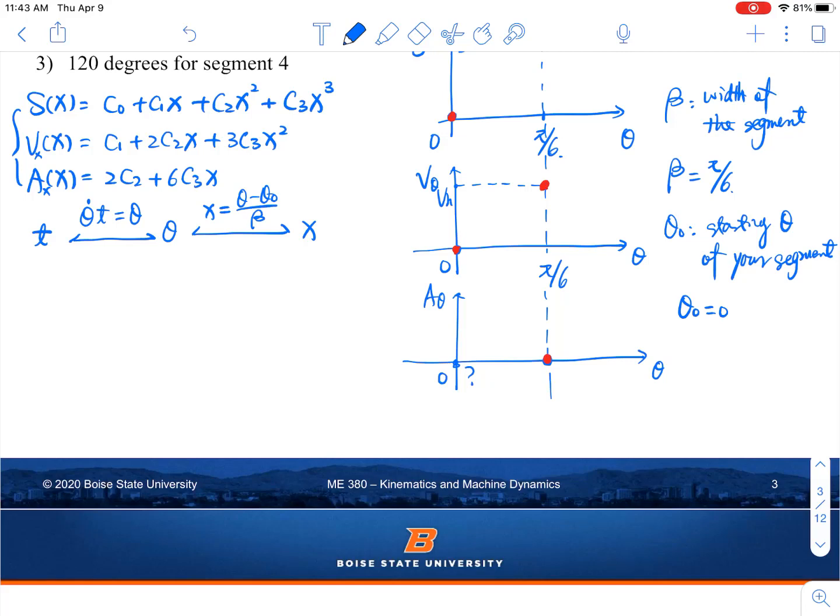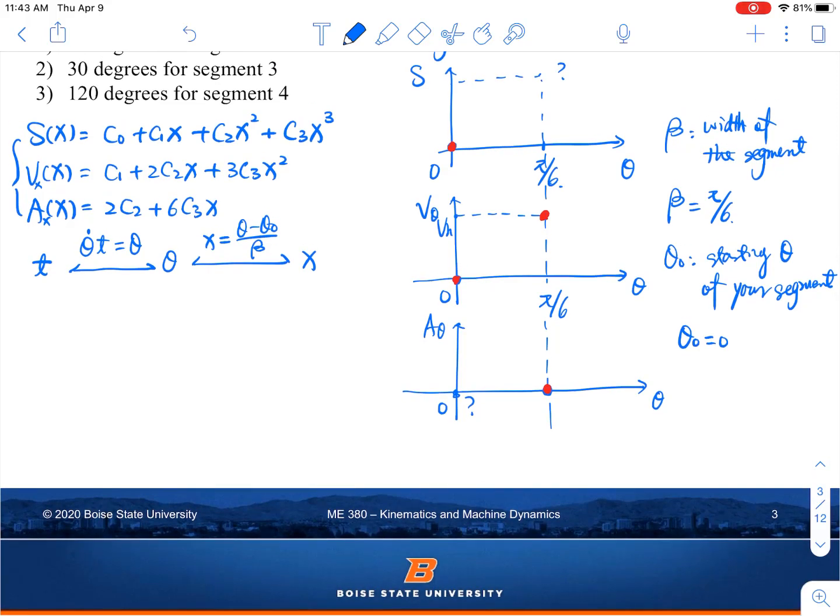So we know that everything is given in time domain. We know that your displacement at time equal to 0 is 0. You know that velocity, that's in time domain, let's put a small t as the subscript, as vt, equals 0.